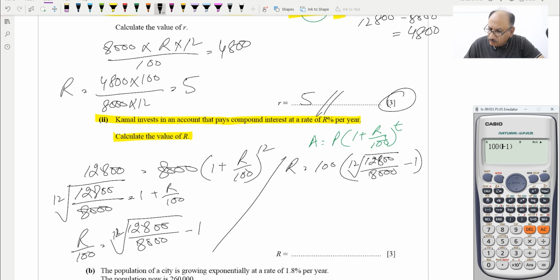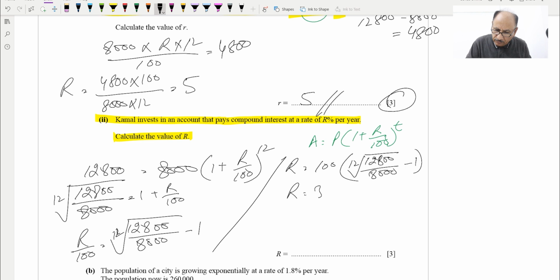We write first the 12th root, and then take the fraction 12,800 over 8,000, and this will result to 3.99. So R value will be equal to 3.99. 3.99 will be our final answer for 3 marks.